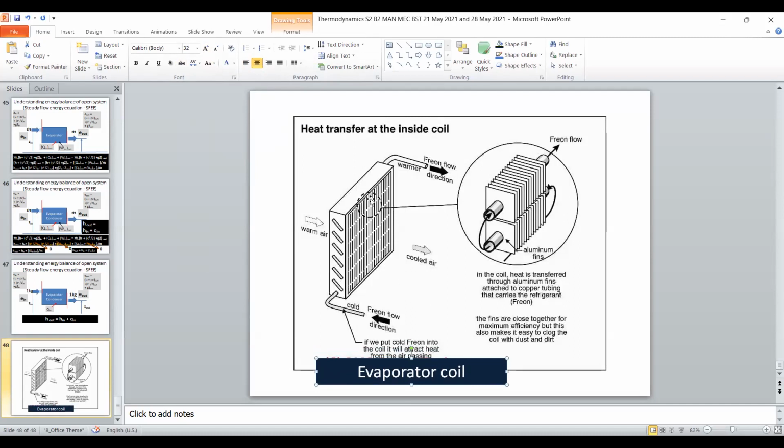You have in, you have out. Freon means earlier used the word, but this is for refrigerant. In, out. So this is something like a single tubing, but this is tube with fins. We call it fin and tube.